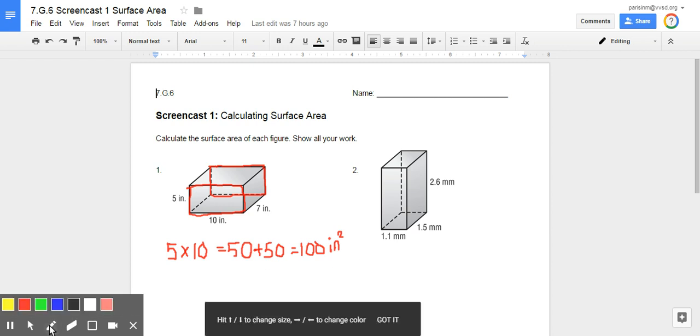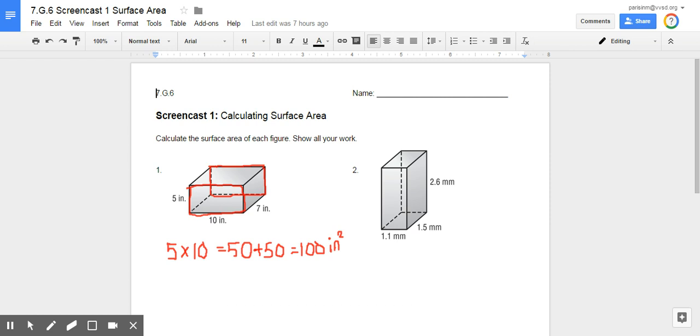Now I'm going to use a different color. I'm going to use blue, and I'm going to highlight the left side of the box and then the right side of the box, because we know the two rectangles directly across from each other will both have the same area. So now we need to find the length and the width of that rectangle.